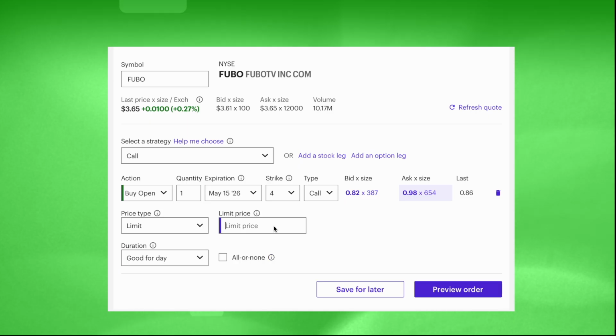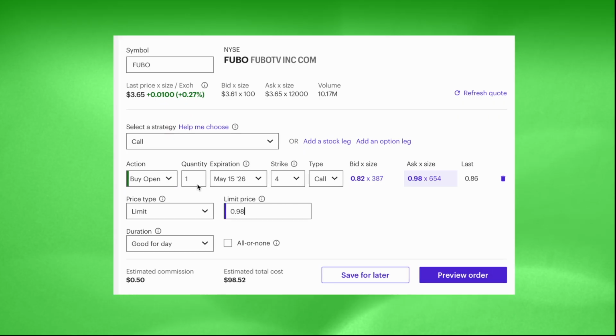Then my limit price, because I chose limit, will be the asking price. So the asking price, I would enter 0.98. So we see that one quantity, which is one call option contract, is $100, or it's $98.52. That one contract is worth 100 shares of Fubo.